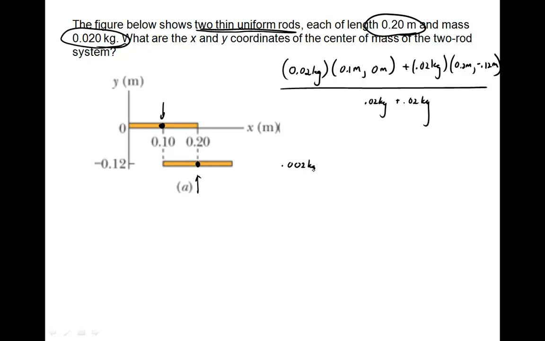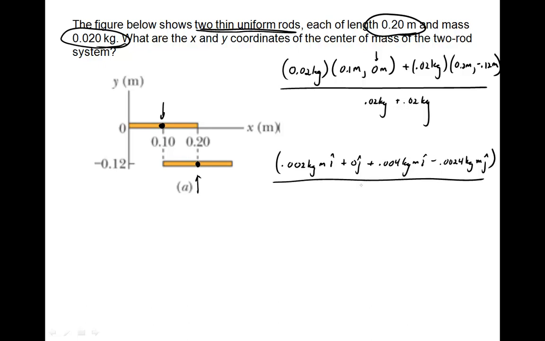And so I get 0.002 kilogram meters in the i plus 0 in the j, because that's 0 right there, plus 0.004 kilogram meters in the i minus 0.0024 kilogram meters in the j. And then we divide that by 0.04 kilograms. And again, all the kilograms will divide out.